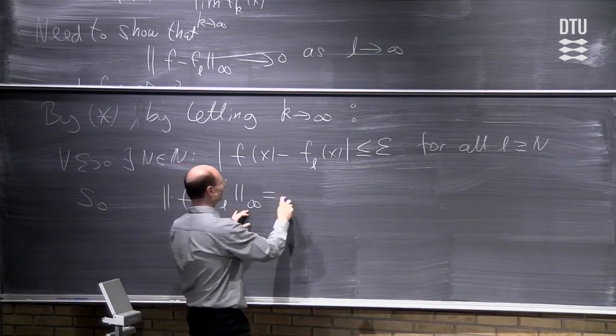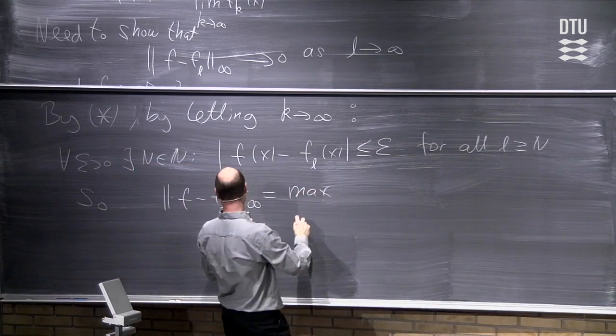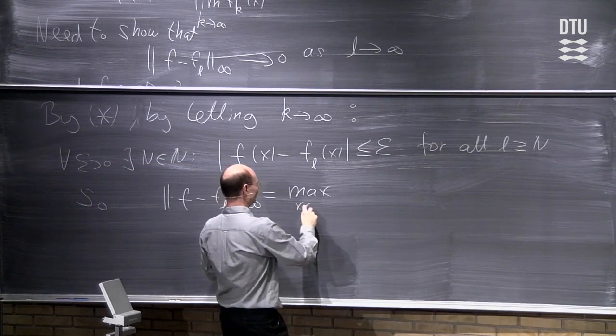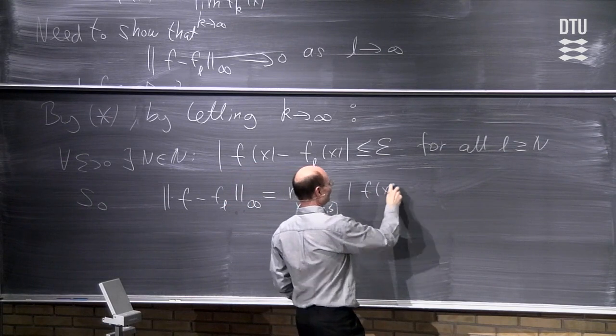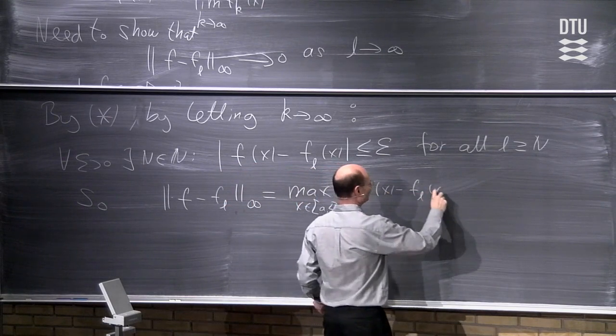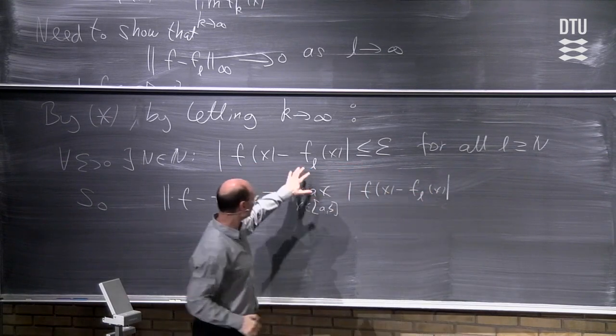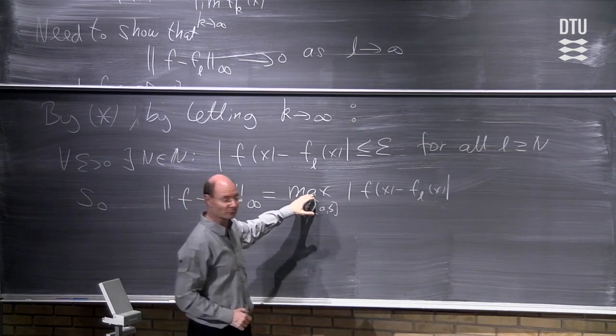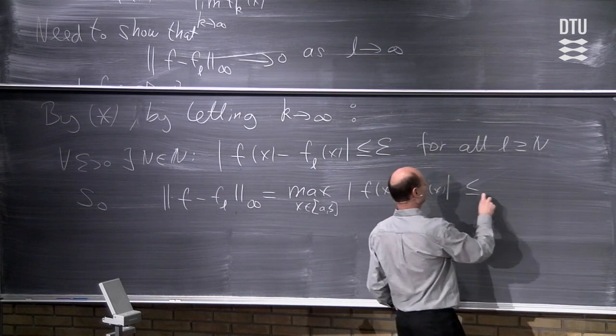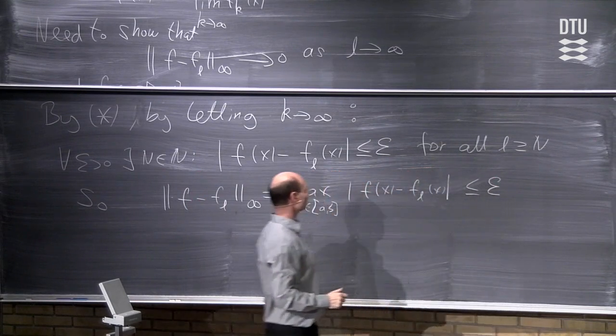So let me again just write it down: the max over x in [a, b] of |f(x) - fl(x)|. Since all of them are smaller than or equal to epsilon, then also the max of them will be smaller than or equal to epsilon.